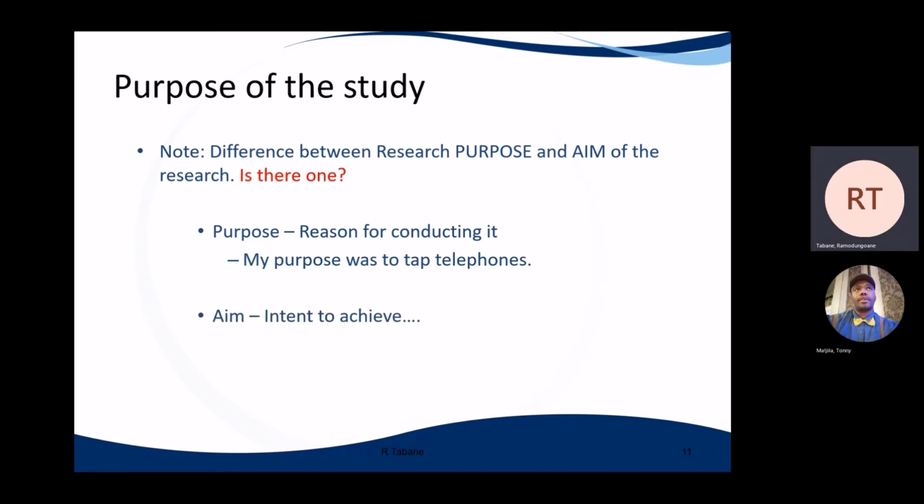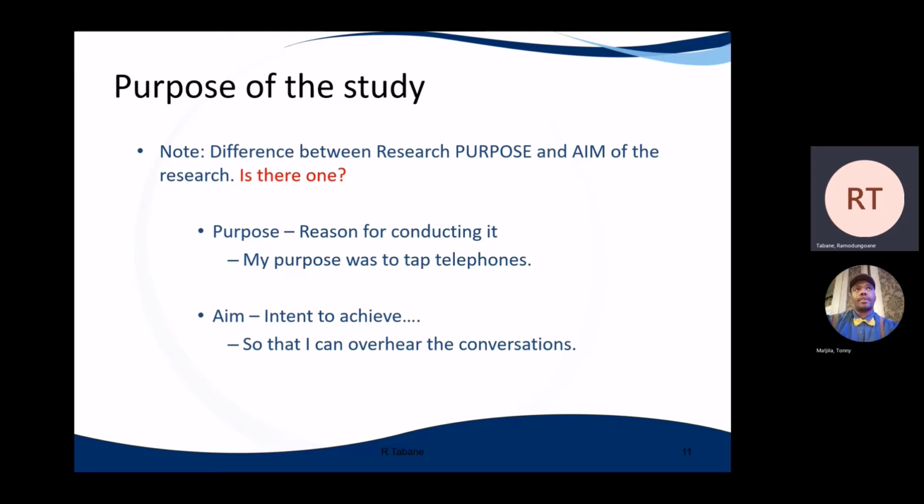Because you wanted to achieve something, didn't you? You tapped it because you wanted to achieve something. What is it that you wanted to achieve? You wanted to overhear the conversation because your kids have been complaining that somebody is stalking them. Your husband, your wife, they're complaining about something.